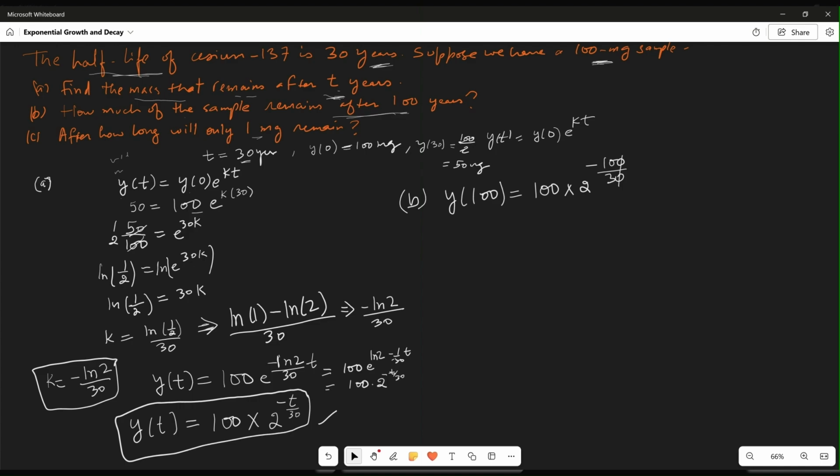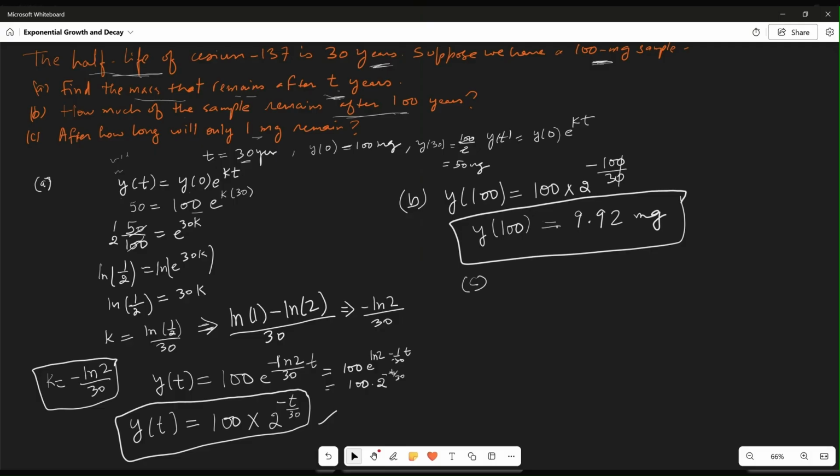So 100 times 2 raised to the power negative 10 divided by 3. So this is equal to, after 100 years, only 9.92 milligram sample remains.